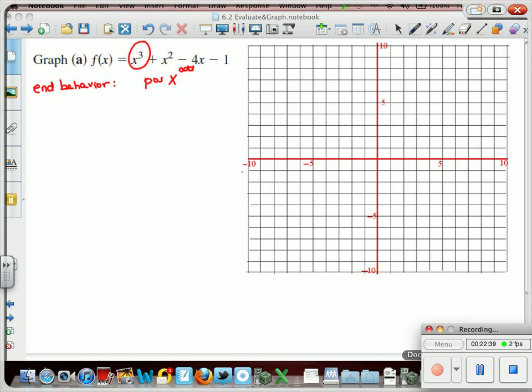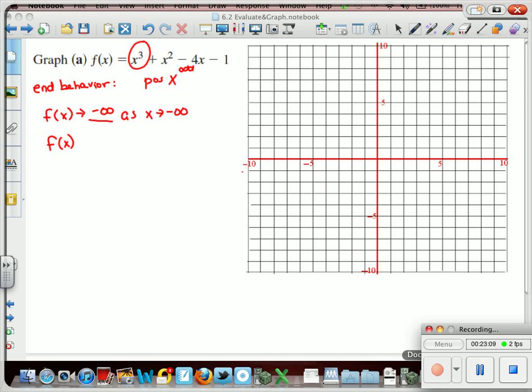So as f of x goes to something, as x goes to negative infinity, and it's a positive x cubed, what's happening? Look at your last page, your y's are going to negative, right? So it's going to negative infinity.